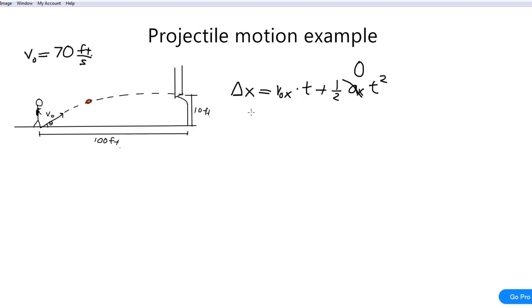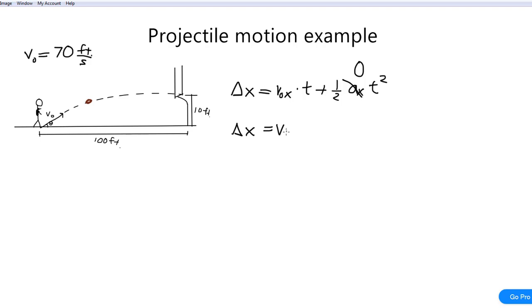Now what we have to do is solve for time. We know delta x is positive 100, and we somewhat know v naught x. We know the muzzle velocity is 70 feet per second, but I'm not going to write down any of the numbers, just variables so far, or it's going to confuse us later.